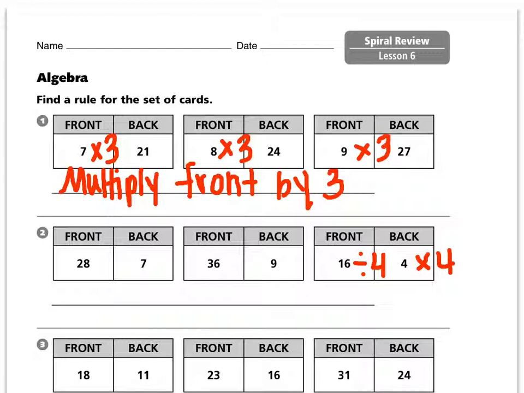What can I do to 9 in order to get 36? I can multiply it by 4, or I could divide 36 by 4 to get 9. And the same thing with 7. I could multiply it by 4 to get 28, or I could divide the front by 4 to get 7. So be specific in your rule. I'm going to say that I can either divide the front by 4 or multiply the back by 4.